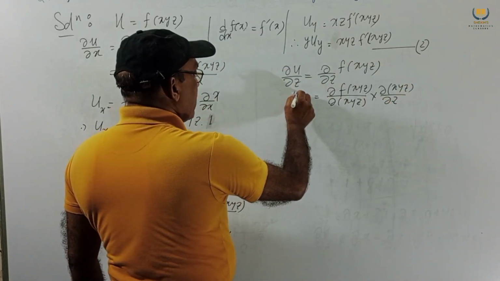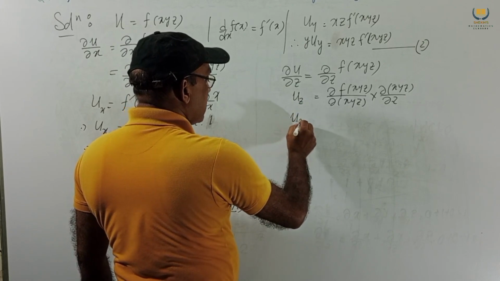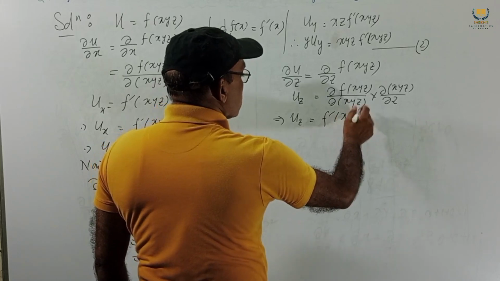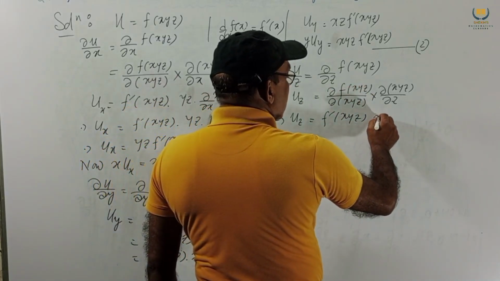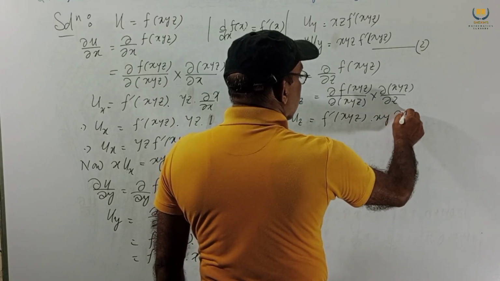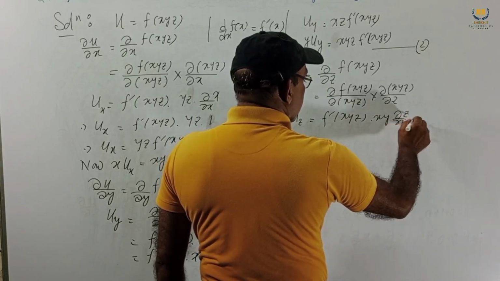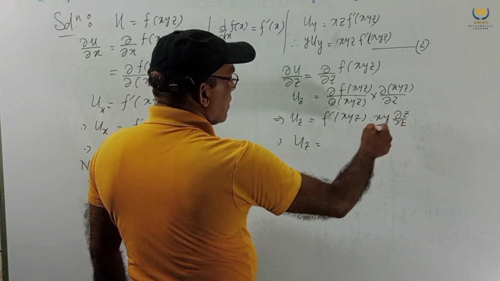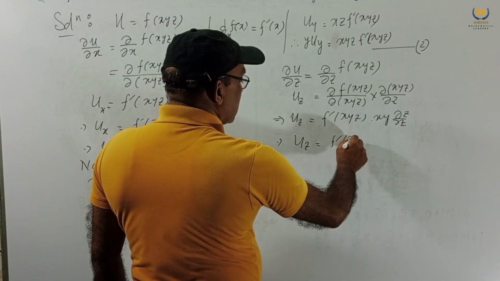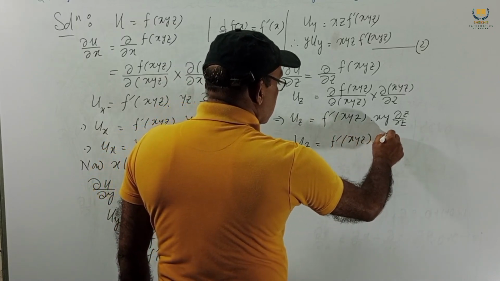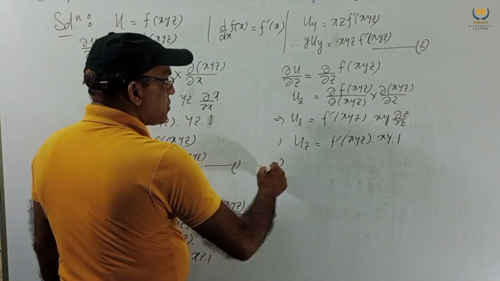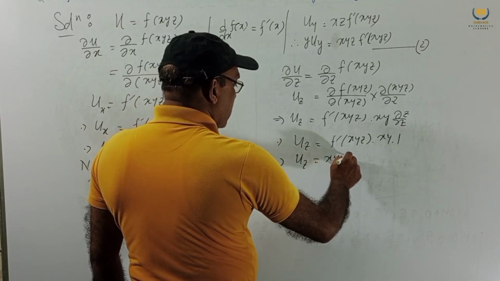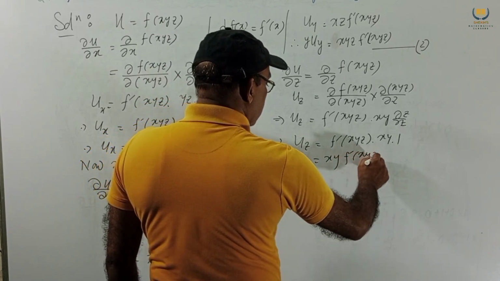So this will be uz. uz equal to f dash xyz, because these both are the same, and here xy are constant, this will be outside, del z of z we get, and uz equal to f dash xyz xy into 1. So uz equal to xy f dash xyz.